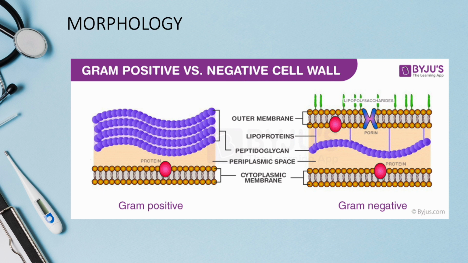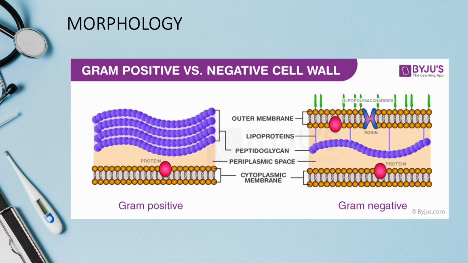If we are talking about morphological differences, it is the arrangement. You can see here, and you can remember that the shape is the same, but the arrangement differs.